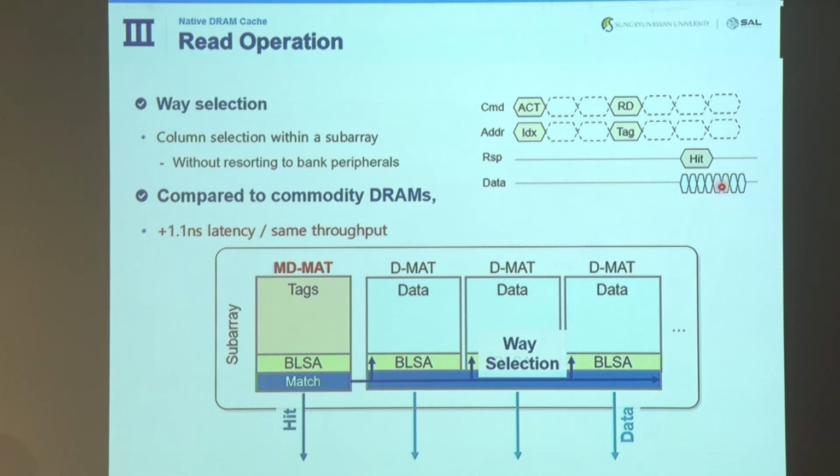This reporting is crucial for the controller to ascertain whether it is a hit or a miss and to schedule subsequent operations accordingly. On the contrary, when examining a miss, since there is no hit in any way, the data does not need to be read out. This is more efficient and leads to better throughput and energy savings than traditional DRAM caches, which often transfer unnecessary missed data.